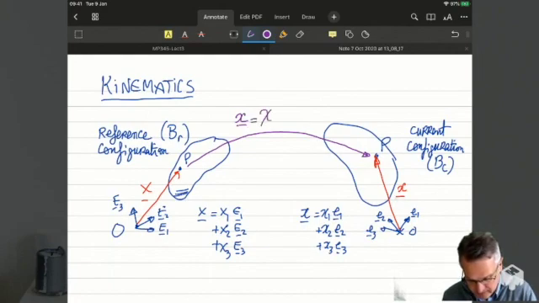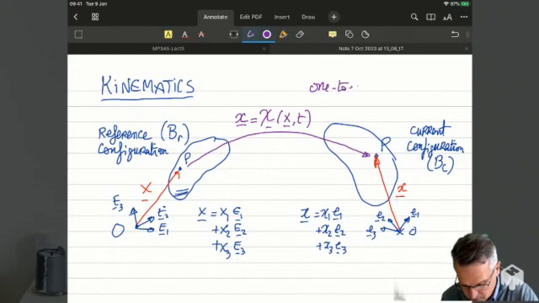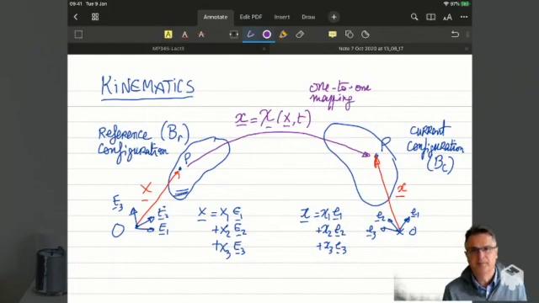I'm going to call it chi, and it depends on capital X and on time t. A one-to-one mapping. And that's called the deformation.